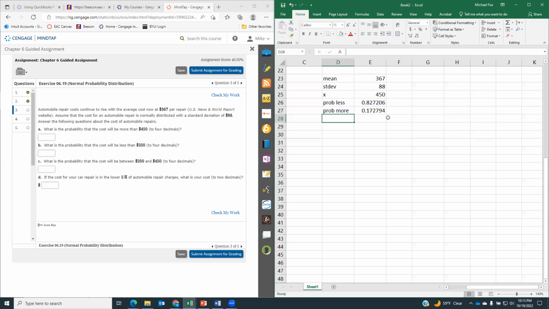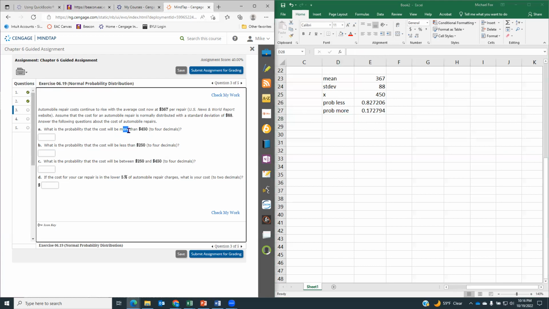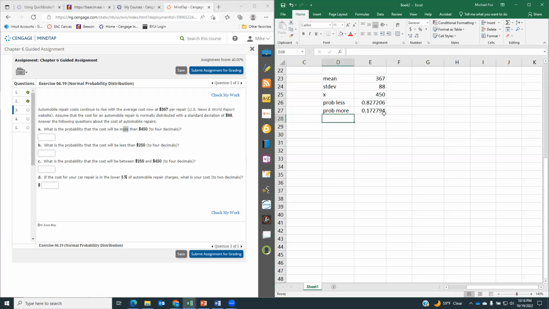And so the probability that the cost will be more than 450 is 0.1728. Again, it wants my answers with 4 decimals. So probability that it's more than 450 is 0.1728.